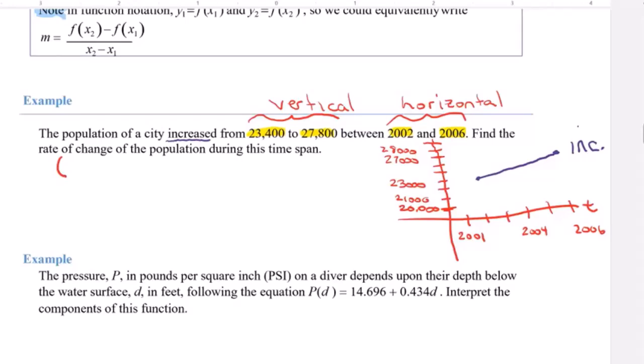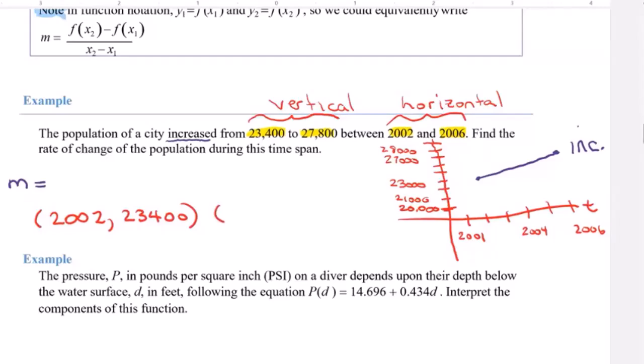If I want to find the rate of change, I need my slope. So I'm going to take my ordered pairs. I have one pair that is in 2002, I have 23,400 people.